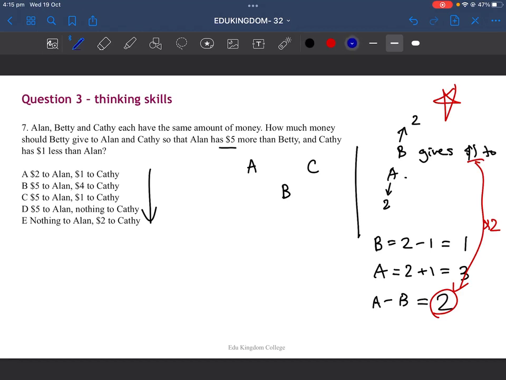Let me write this down in summary then, since it's confusing.